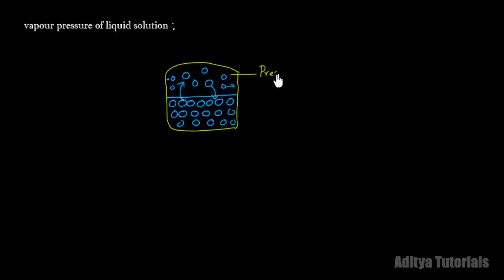Exerting pressure. This pressure is due to the liquid vaporizing and converting into gas, or you can say that this is nothing but a vapor. These vapor molecules are colliding with themselves and also with the wall of the container, and that produces pressure.